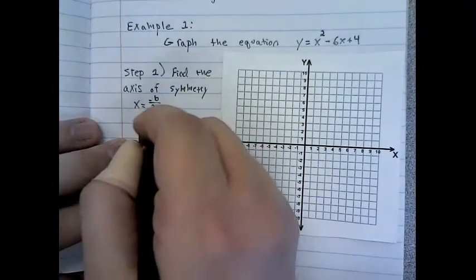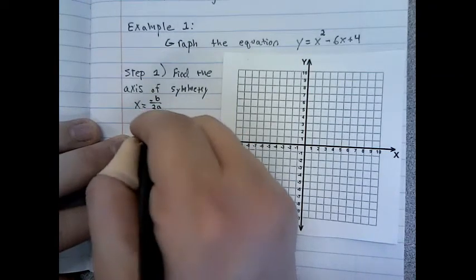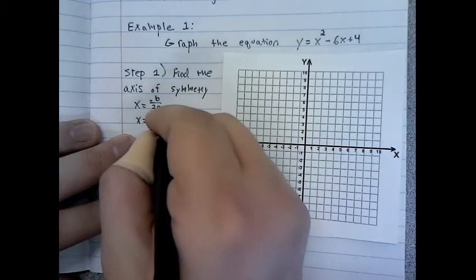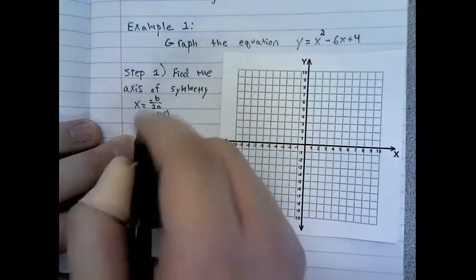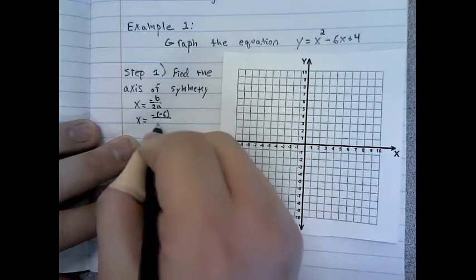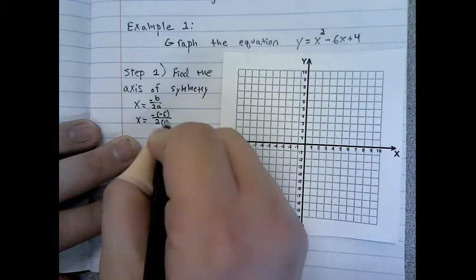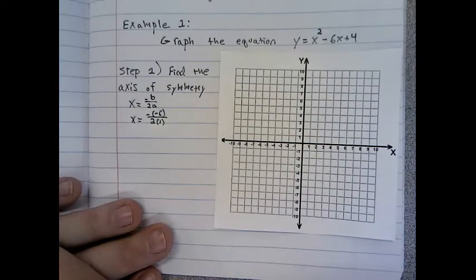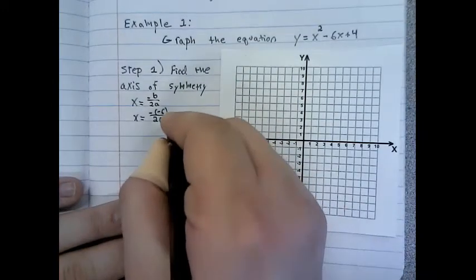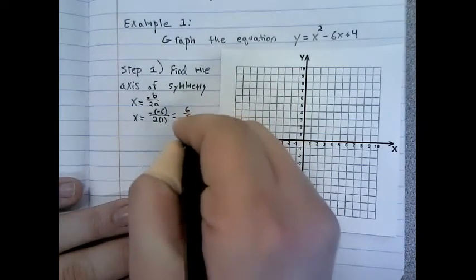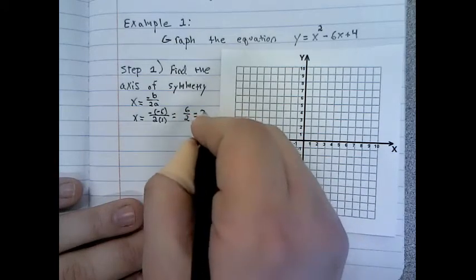So my formula is x equals negative negative 6 over 2 times 1, which gives me 6 over 2, which is 3.